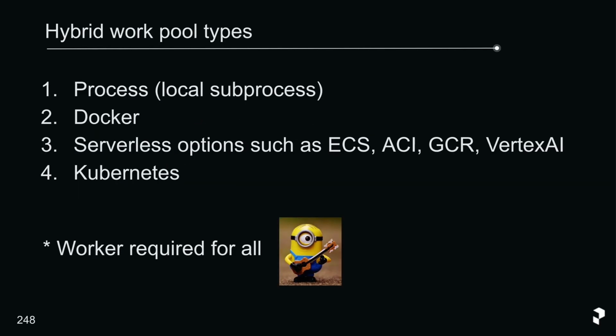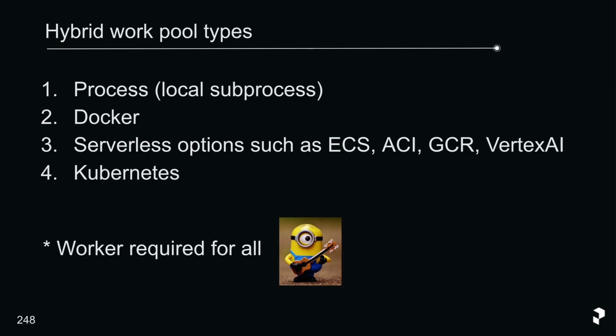In summation, we've covered a few different hybrid work pool types in the previous slide. We started with running flows using the process work pool, so running flows as local subprocesses. We've talked a little bit about using Docker, using serverless options such as ECS, ACI, GCR, and Vertex AI, and Kubernetes as well.